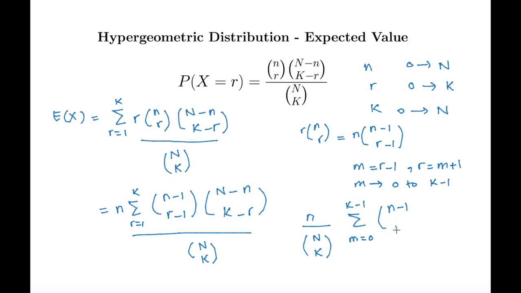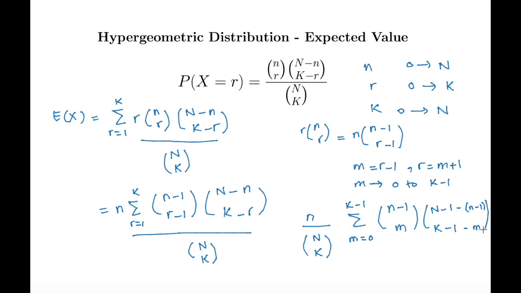(n minus 1) choose m, and then for the second factor, let me manipulate it a little bit. I'll write (N minus 1 minus (n minus 1)) choose, and then here for r I will write m plus 1, so k minus 1 minus m.